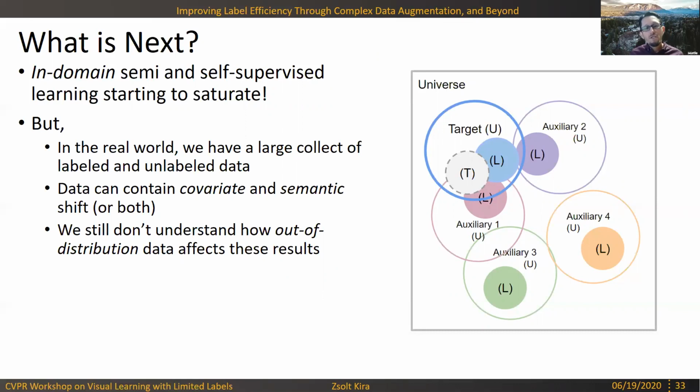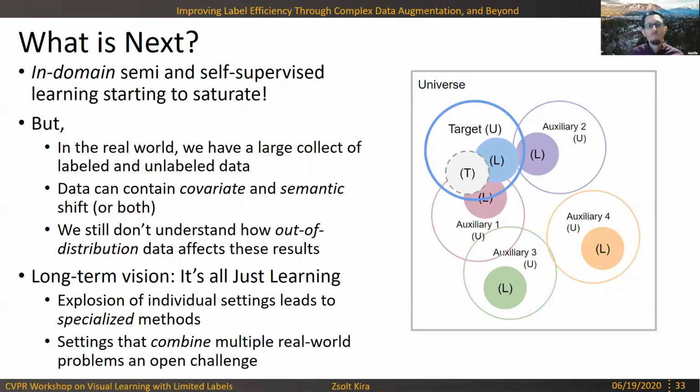There are different types of shift that can occur. For example, there can be covariate shift, the normal domain shift, such as an image of a dog versus a sketch of a dog. You can also have semantic shift, meaning completely new classes. Can we leverage unlabeled data with completely new classes to improve semi-supervised learning? That is not a well understood problem.